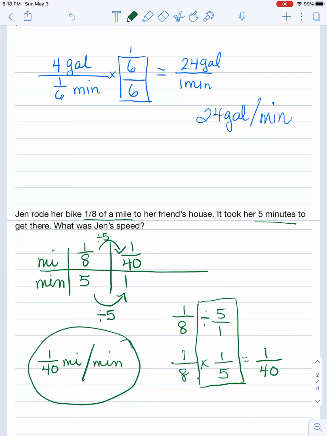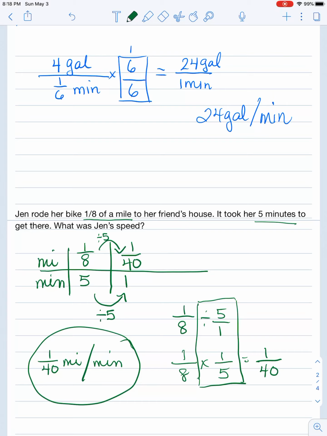Okay? And again, does it make sense? Yes, because if she only goes 1/8 of a mile in 5 minutes, well, if she only rides for 1 minute, she's going to be riding even less, right? So that's how we kind of want to check. We want to make sure that our answer makes sense.